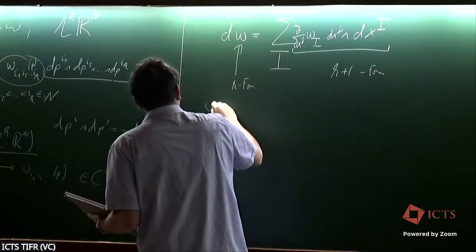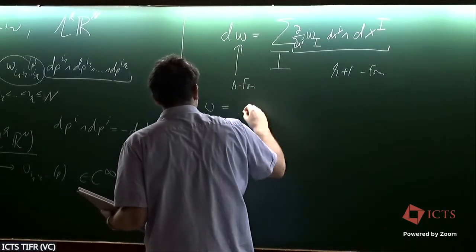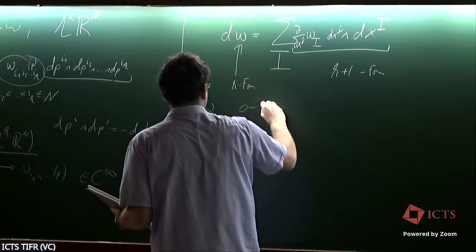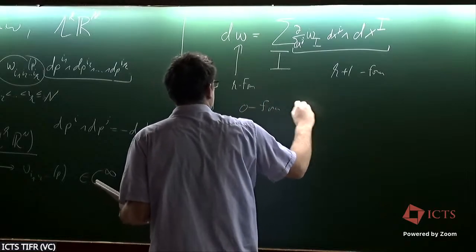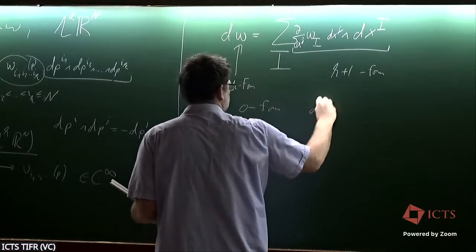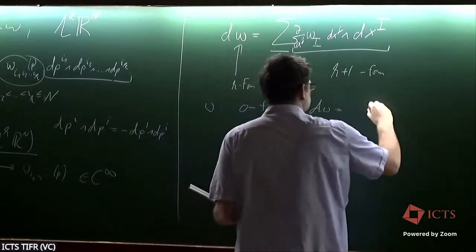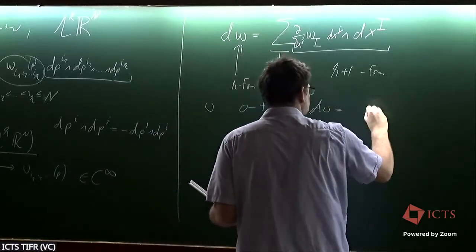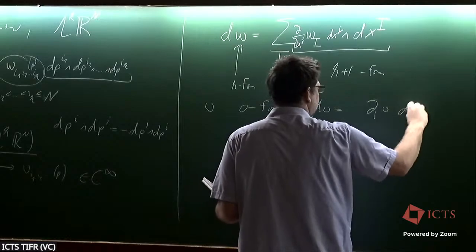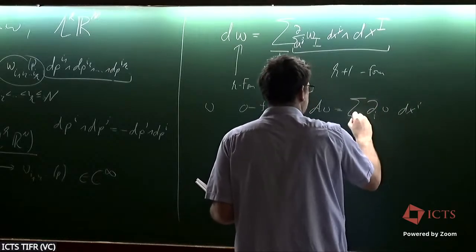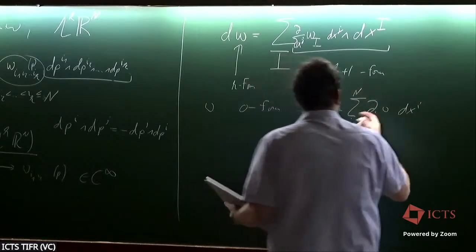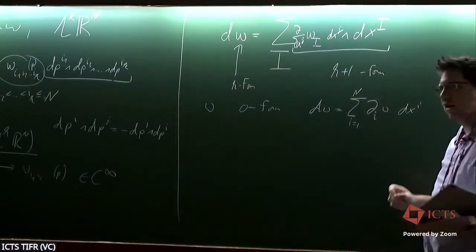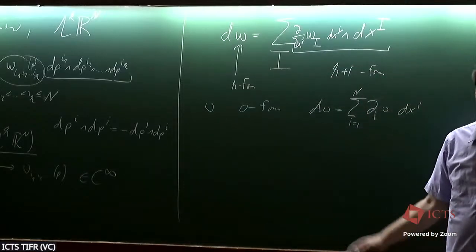If omega is scalar, so a 0 form, then d omega is simply somehow the gradient, the sum over i of d omega over dxi. You just say, okay, this is somehow like the gradient.